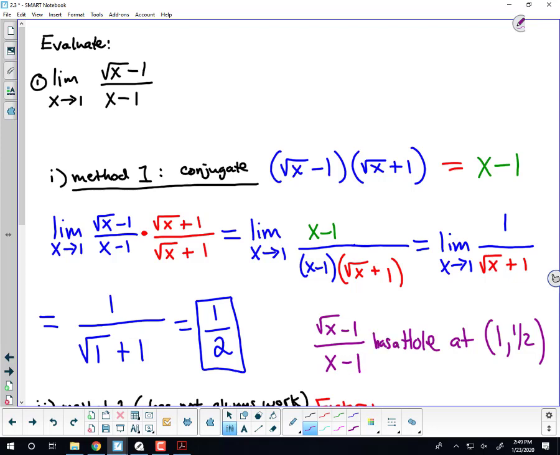It has a hole at (1, 1/2). Just like with the rational functions, the issue, that place where we're dividing by 0, got divided out. It got removed, so you have a hole there.